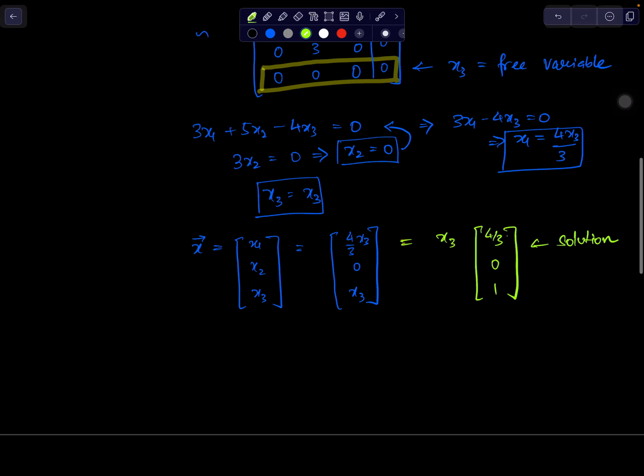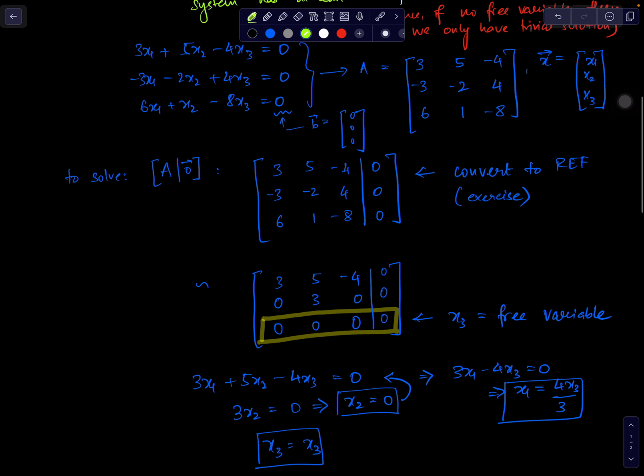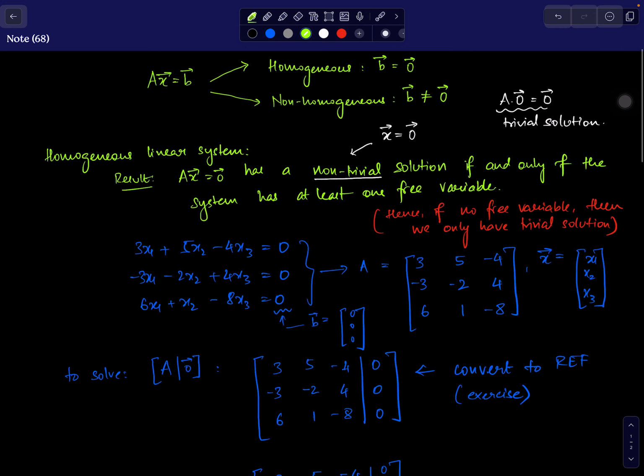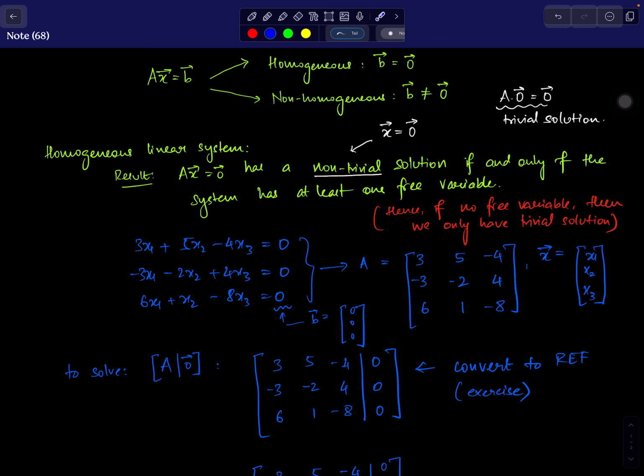Okay, and you can clearly see that this is non-trivial because you're allowed to take x3 to be anything, right? That's a free variable. So you do get infinitely many non-trivial solutions. Is that okay? So that is how the solution to a homogeneous equation looks. And again, please do make sure that you have this important result in mind, that the trivial solution is always a solution, right?